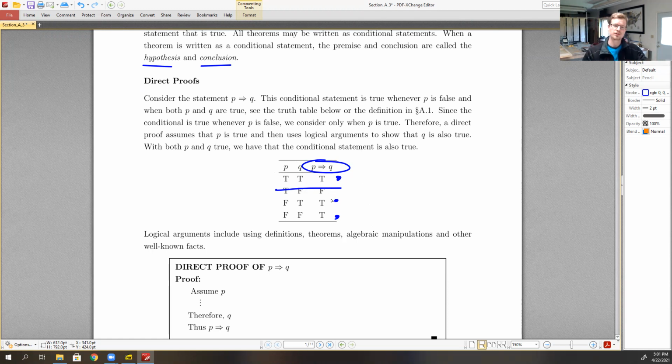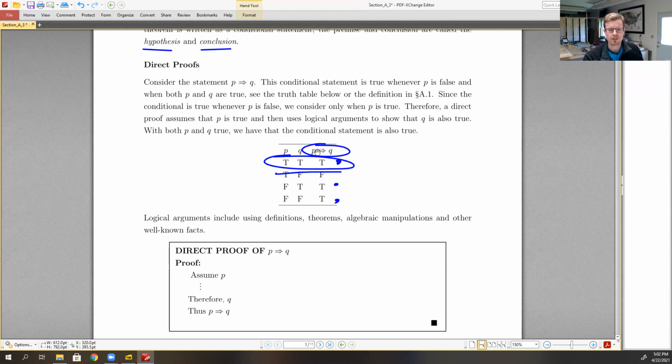So it's always true when the premise or the hypothesis is false. So the only time that we're actually concerned about is this one right here: when the premise or hypothesis is true, and the implication is true, then we want to show that if we have that the premise is true and we have that the conclusion is true, we know the implication is true.